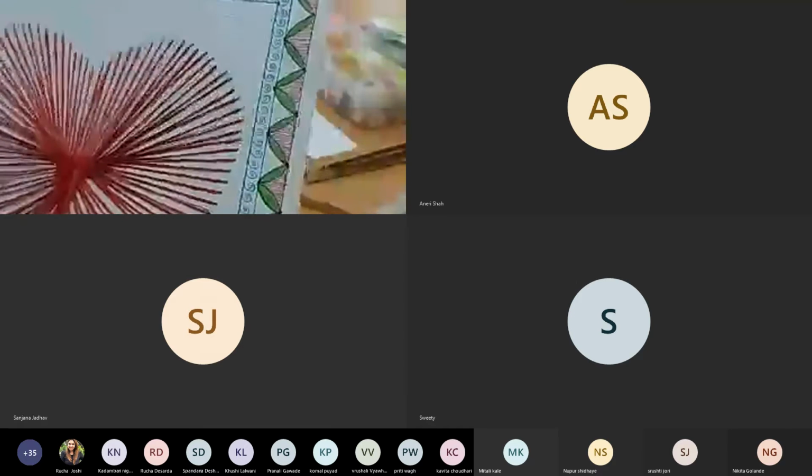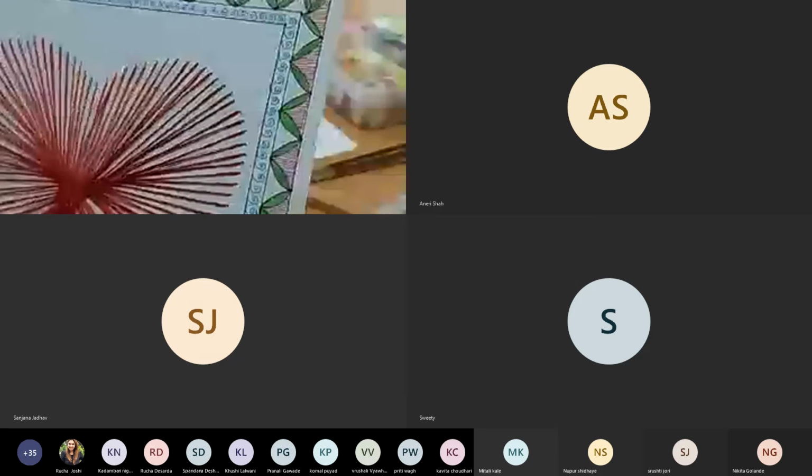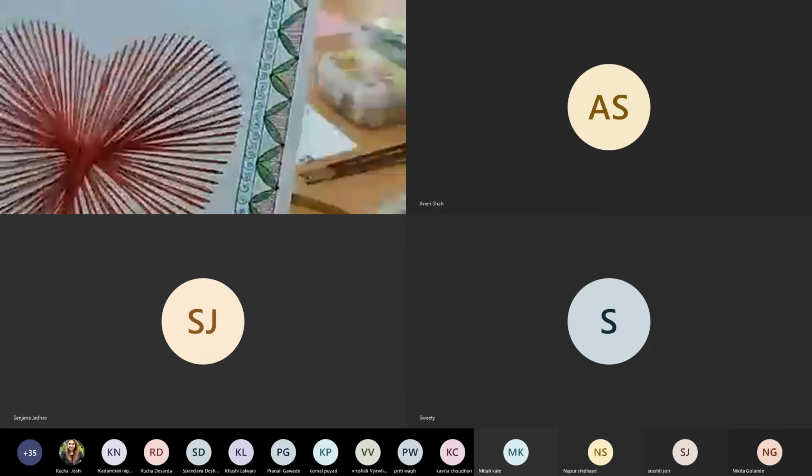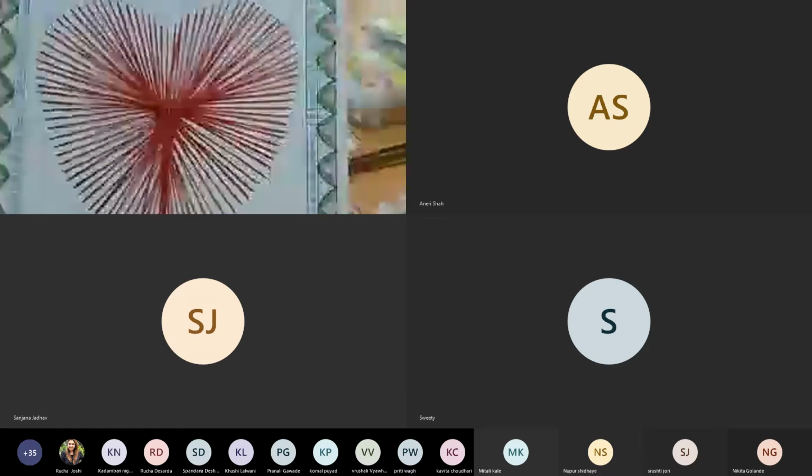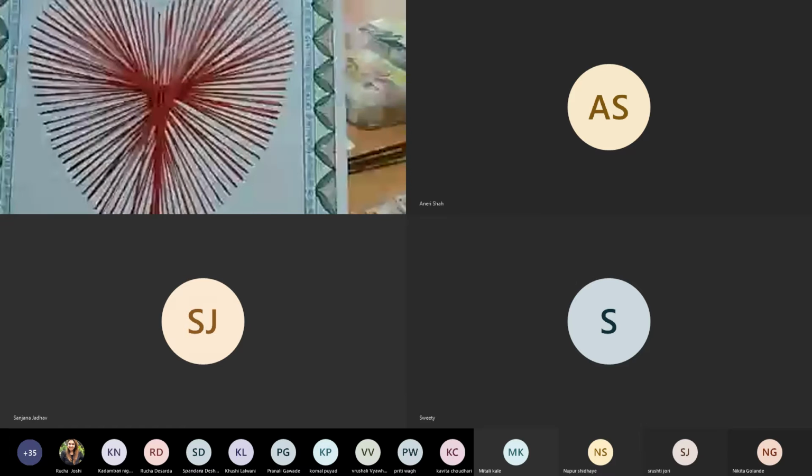It starts from one particular point, like I told you, from here, and it connects and joins everything. So this was just an adornment I had done to add to my Madhubani painting.